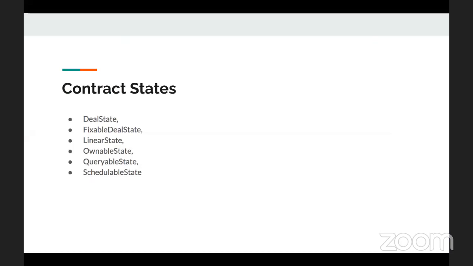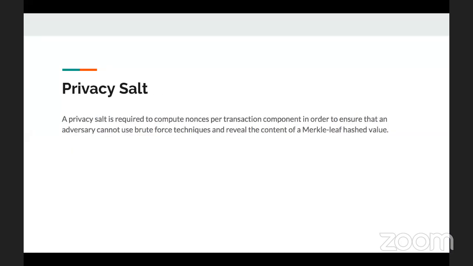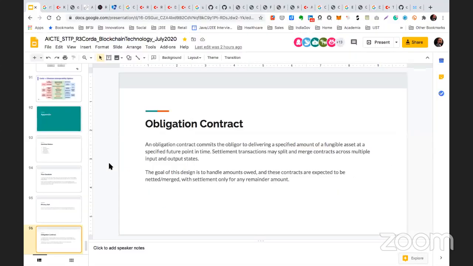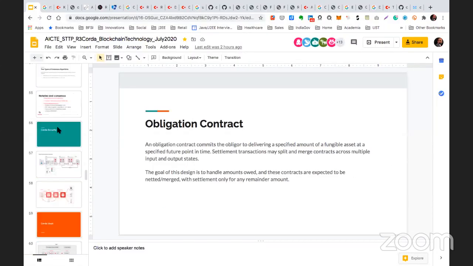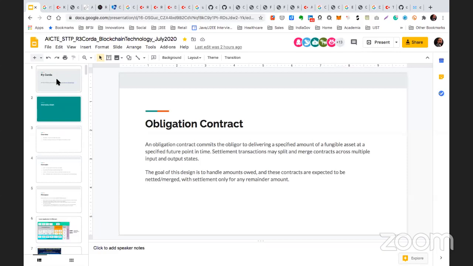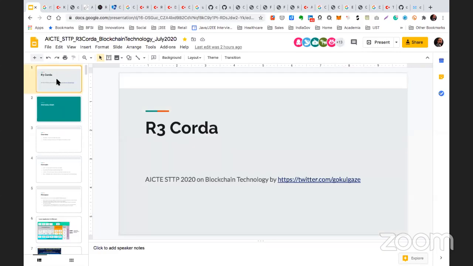I've tried to include some of the additional components here, but I think I've covered most of the essential points for you. I hope you will start building contracts, schemas, flows, and states. Once you've done all that, your Corda app backend is ready. Then you can integrate that with any web application that you write in Spring Boot, React, Angular, or any other UI framework.